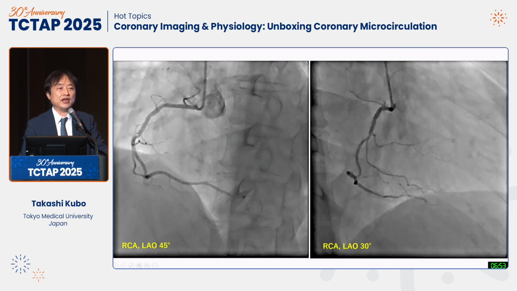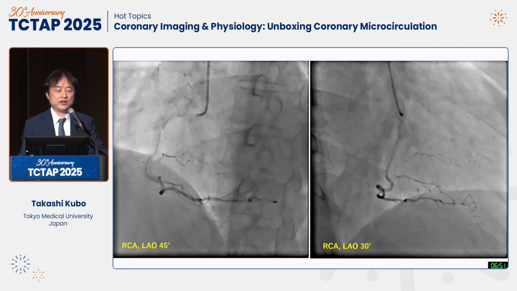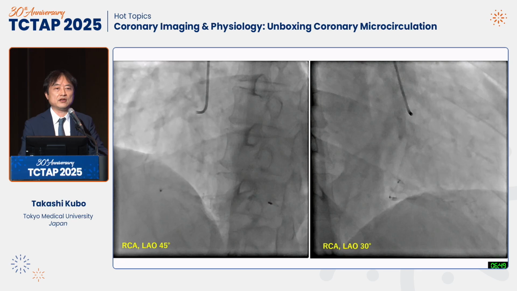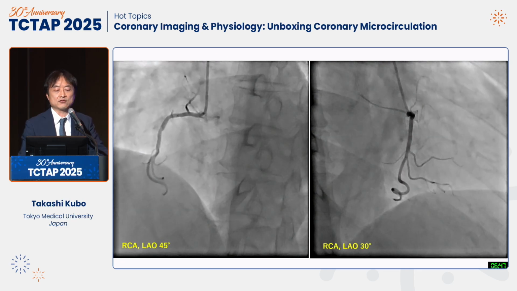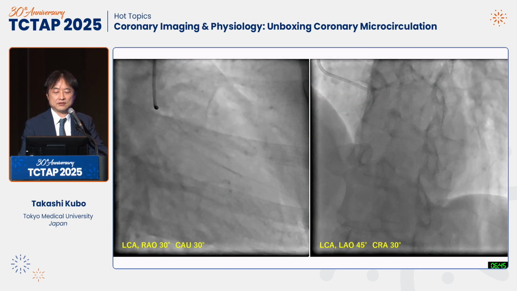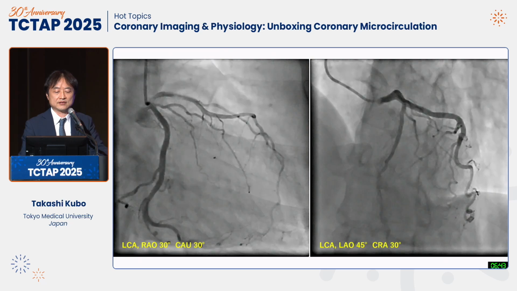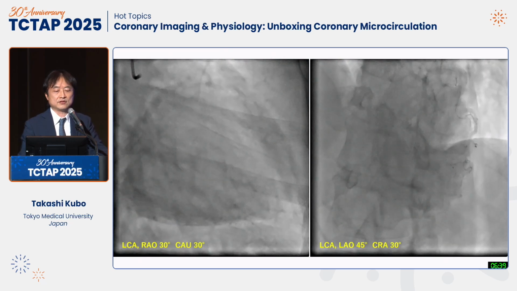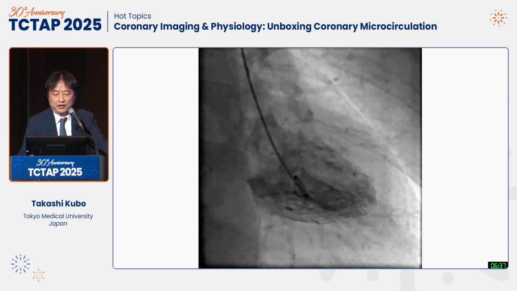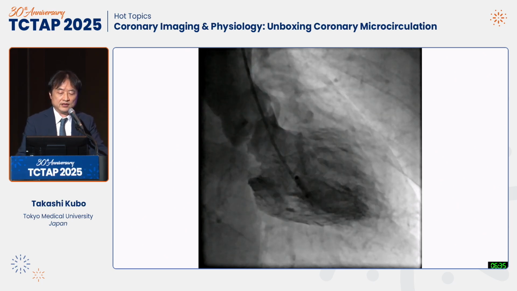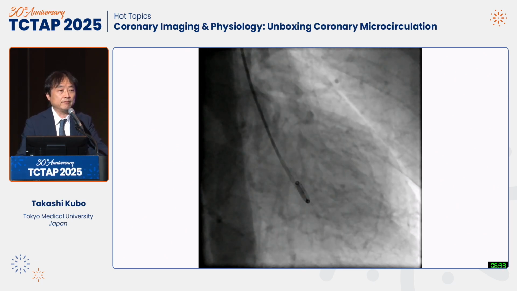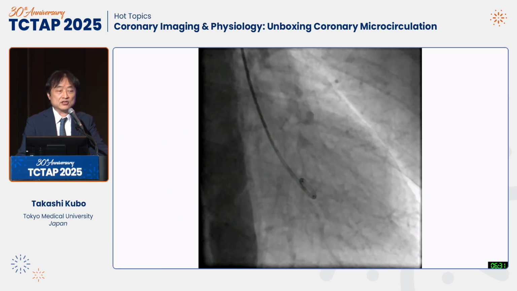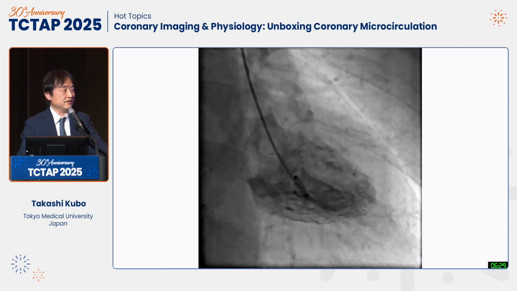Emergency angiography demonstrated no significant stenosis in RCA, LCX, and LAD. Ventriculography demonstrated apical ballooning, suggesting Takotsubo disease.